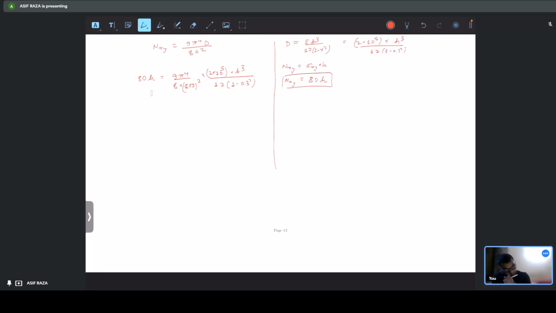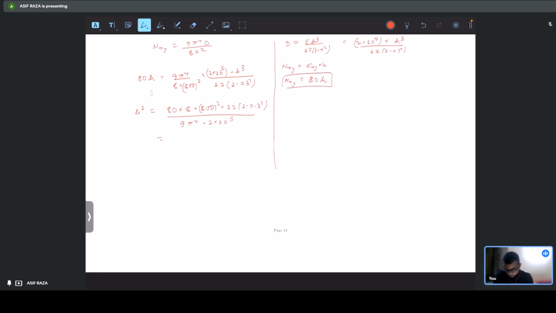So h cancels out. So h square would be equal to 80 times 8 times 800 square times 12 (1 minus 0.3 square) divided by 9 pi to the power 4 times 2 into 10 power 5. Let's solve this thing.